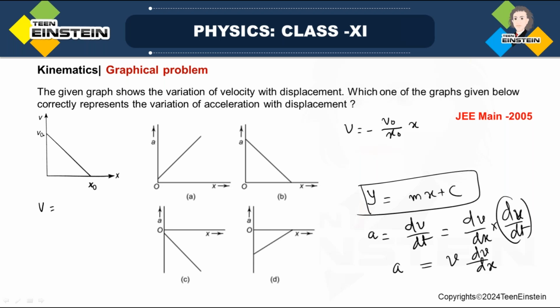This intercept is actually plus v0. Let us keep this here. So we'll get v is equal to minus v0 by x0 x plus v0. This is the intercept c. Okay, this much is fine, I hope.